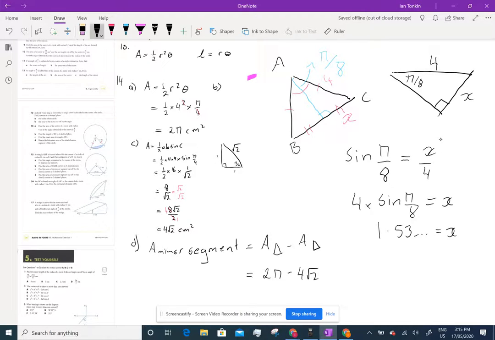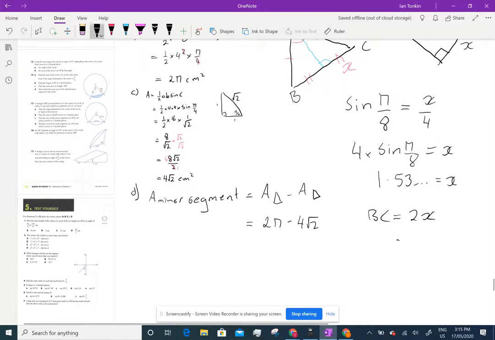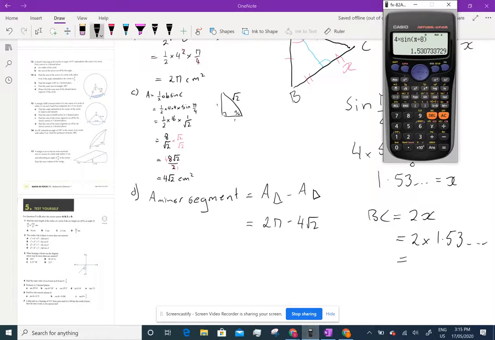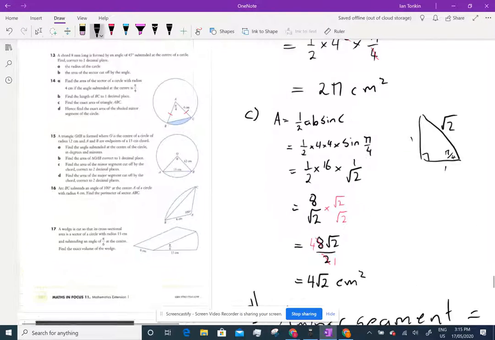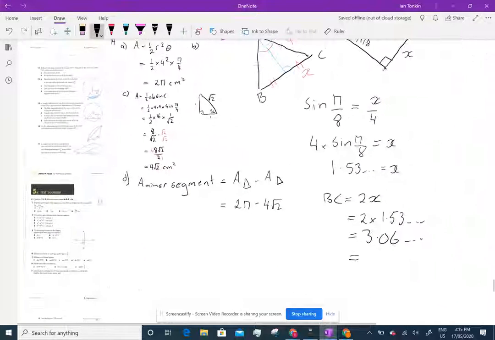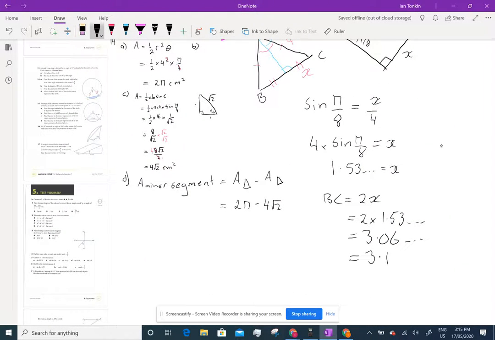But we don't want x, we need BC equals 2x, which equals 2 times 1.53..., which equals, I'll just times that by 2, 3.06... What do they want it to? 1 decimal place. So 3.1 centimetres.